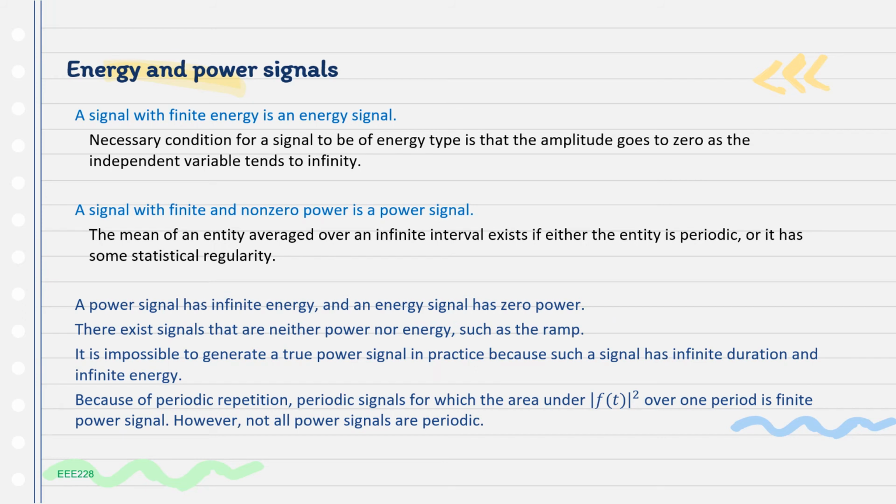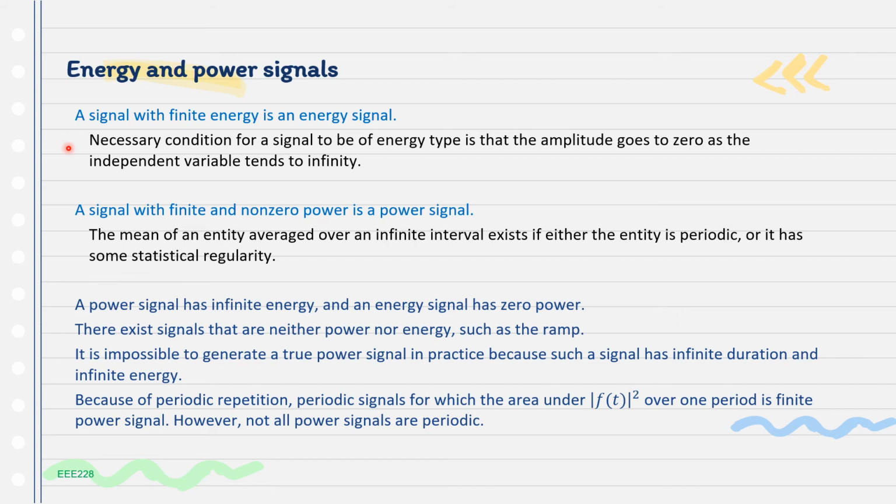So we come to the last class of signals, which are the energy and power signals, based on what I've discussed from the previous slide. If we measure the signal and we find that we can find the value for energy, then that signal is considered as an energy signal.